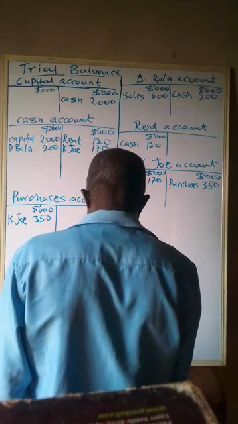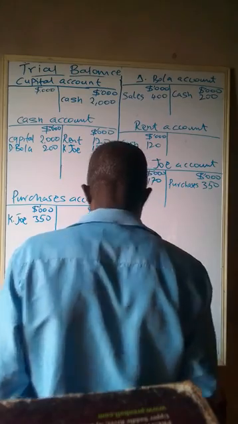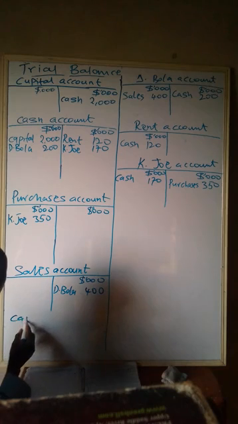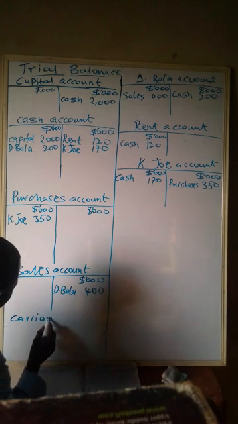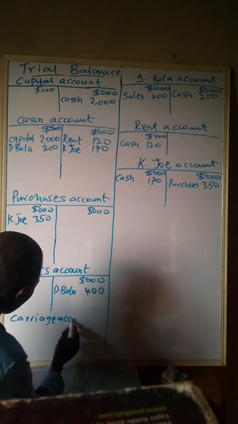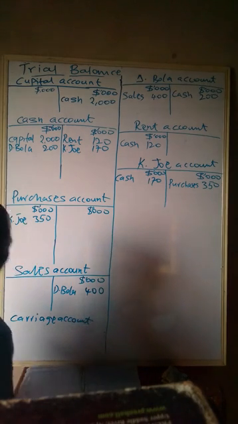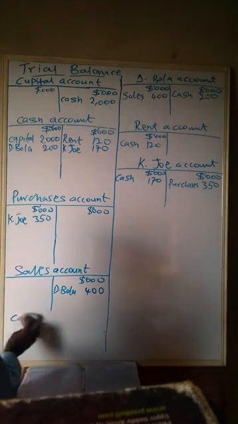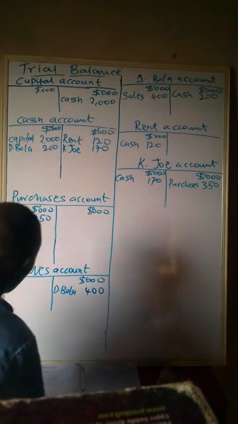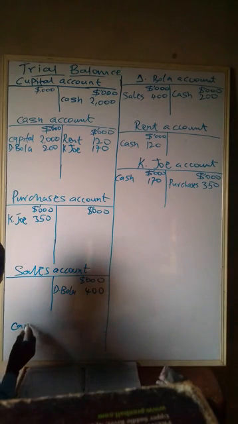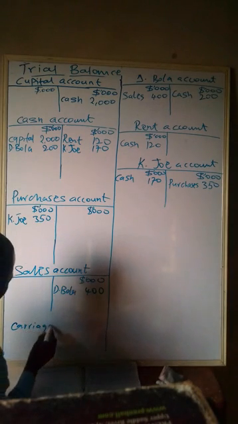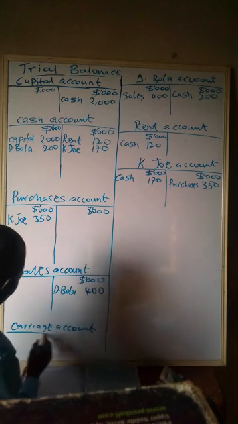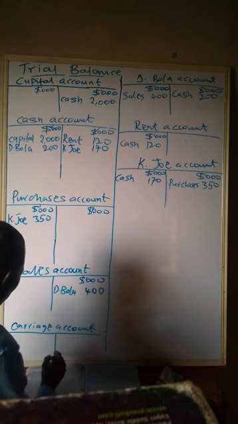Next, May 18, pay carriage by cash. Let me put the carriage account here. I put it this way.